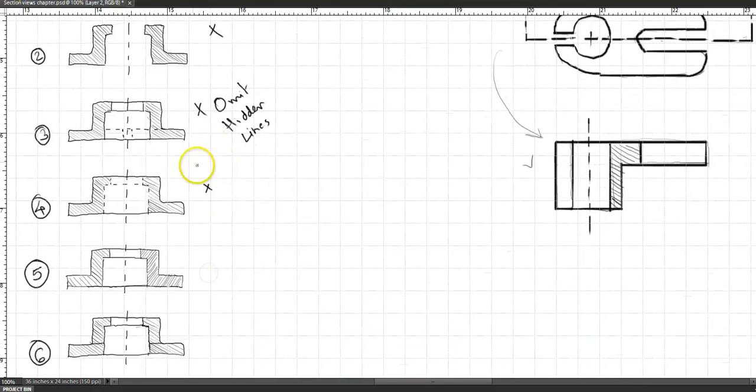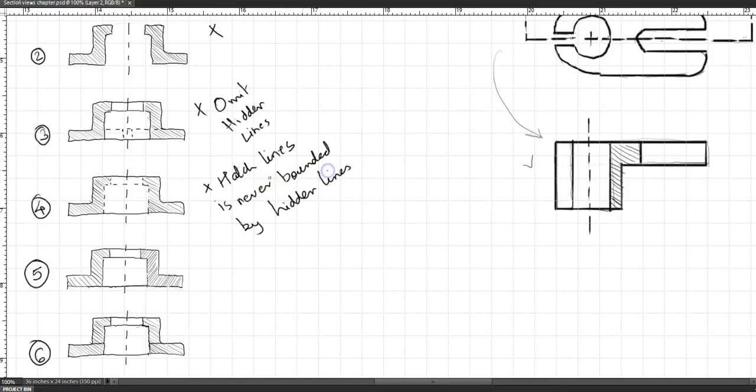And secondly, the reason why it's wrong is because hatch lines are never bounded by hidden lines. These hatch lines are always bounded by a solid line, never a hidden line. Okay, so that's wrong.